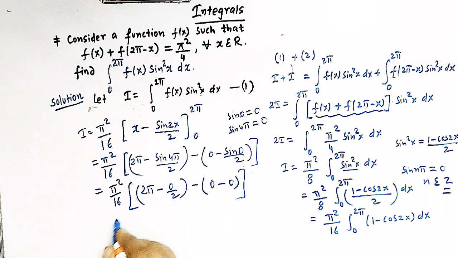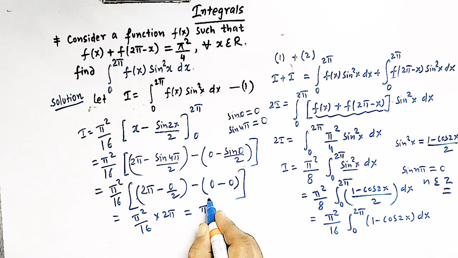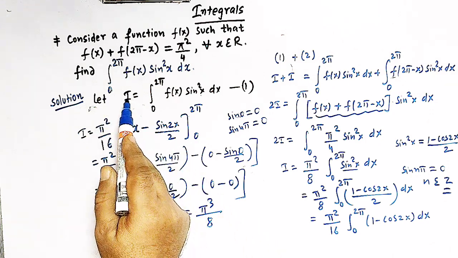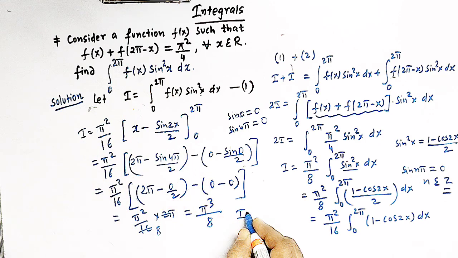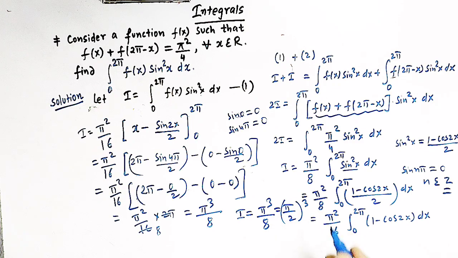So here we have pi square over 16, and we are left with only 2 pi. So this is pi square times pi, that is pi cube, over 8. So the value of this integral, that is I, is equal to pi cube over 8, which can also be written as pi over 2 whole cube.